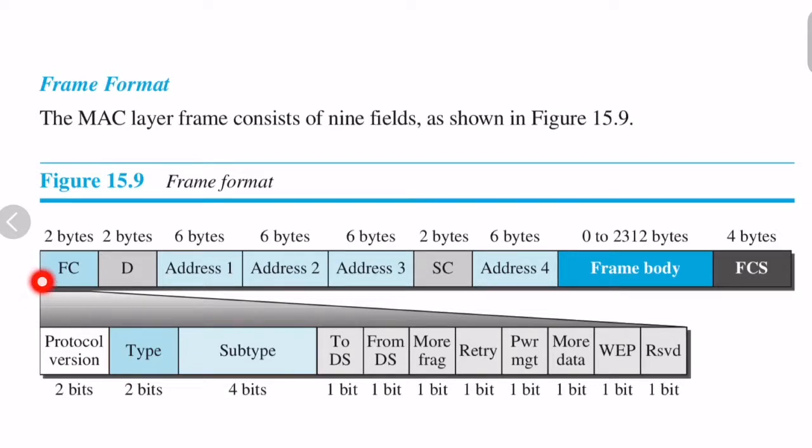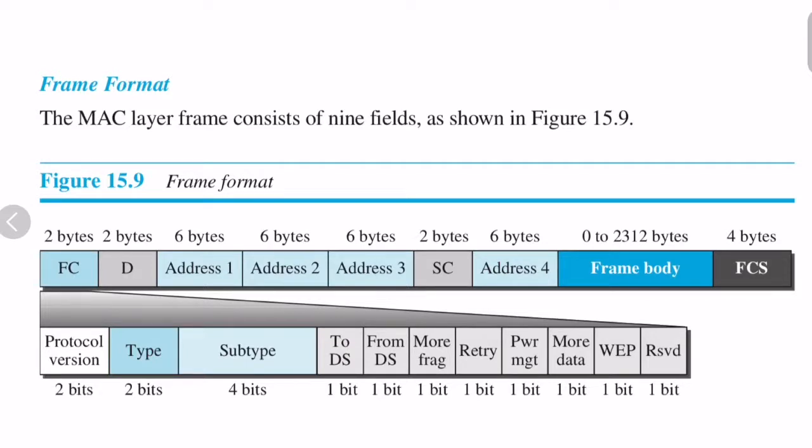Next comes D field. This field defines the duration of the transmission that is used to set the value of navigation. NAV field you have seen, right? So what is the duration of the transmission? That is D field. Next comes address. There are 4 address fields, each 6 bytes long.